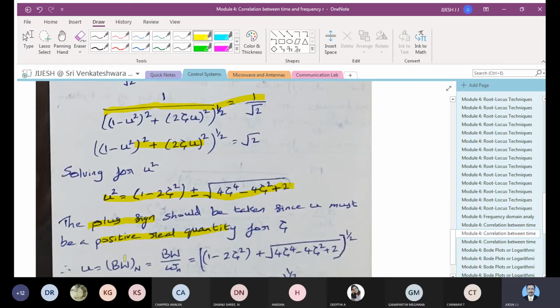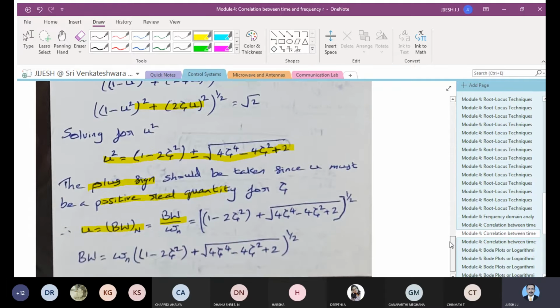So u is equal to bandwidth by omega n, BW/ωn, and we can write it as 1 minus 2 zeta square plus root of 4 zeta raised to 4 minus 4 zeta square plus 2, root of that.